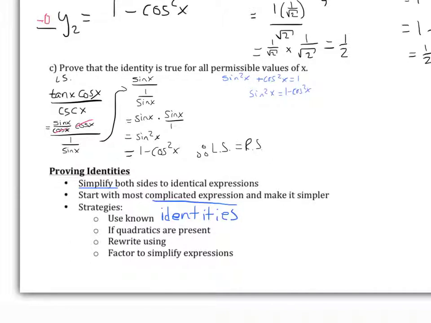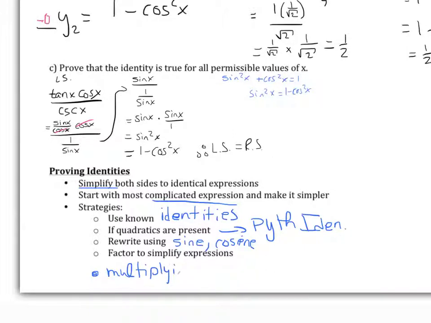If quadratics are present, consider the Pythagorean identity like we did above, and rewrite using sine and cosine, usually. Now every expression is a bit different, but these are some tips. And factor to simplify expressions. Another one to consider is multiplying by the conjugate.